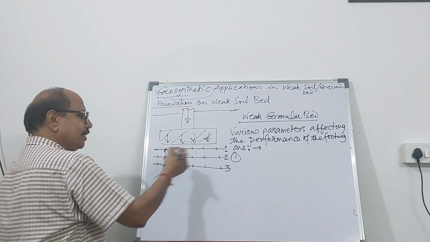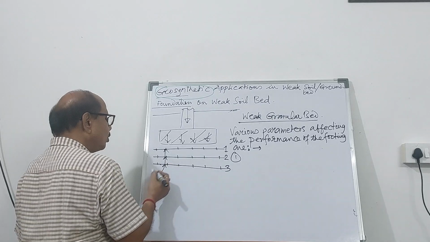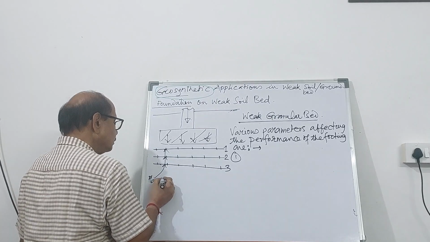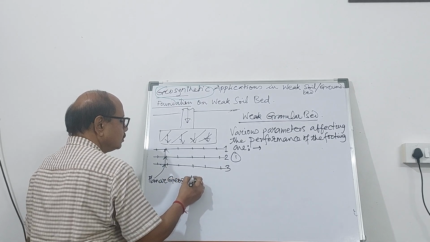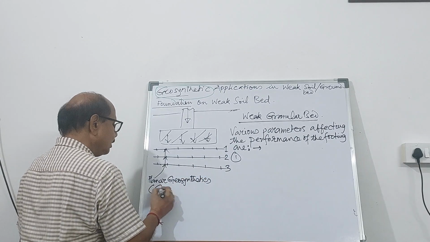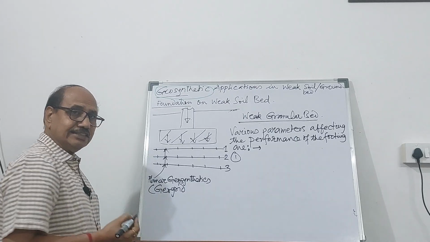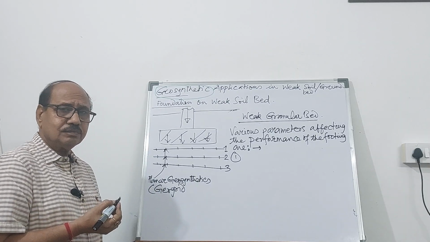These are all planar geosynthetics. That means it could be geogrid. Geogrid has got high tensile strength. Soil is weak in tension.